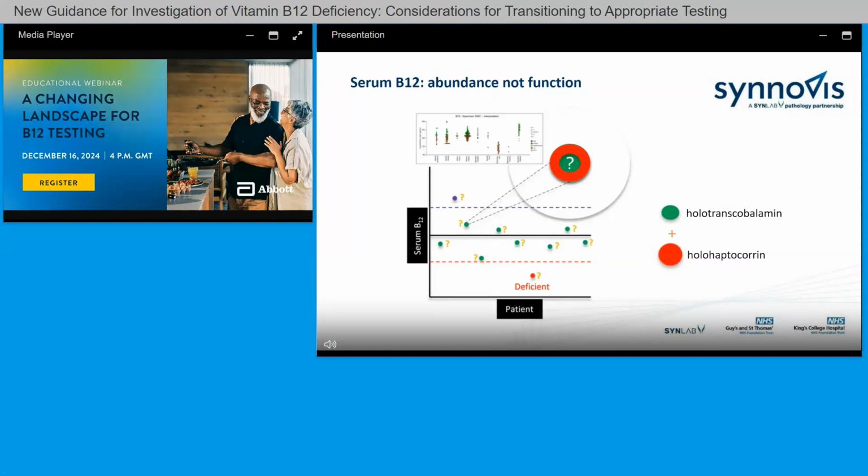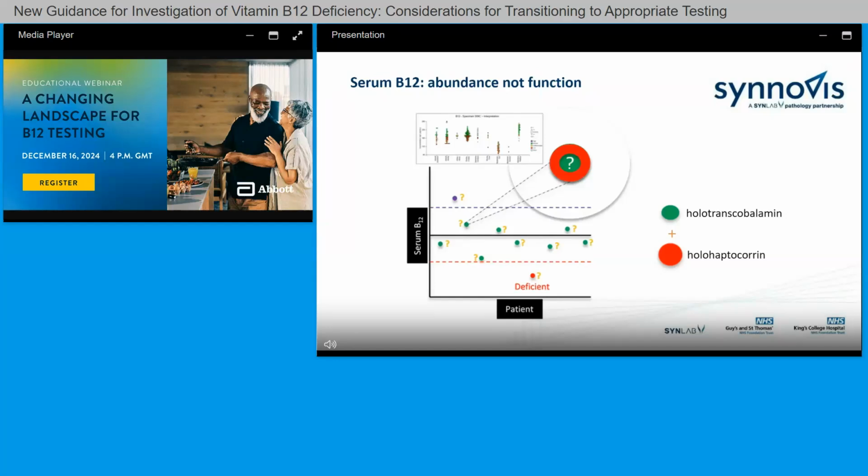And all cells that require B12 to function have receptors for holotranscobalamin. So suddenly, if you have a result that's within your reference interval, you may have questions because you don't know what proportion of that data point is holohaptocorrin and what proportion is the active form, the holotranscobalamin.